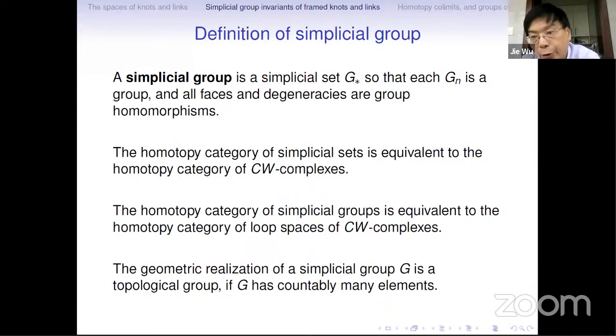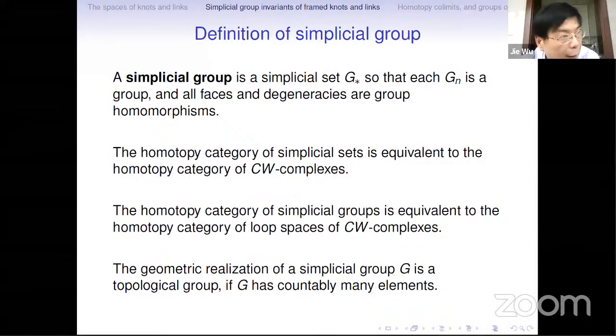Okay, so now the geometric realization of a simplicial group is actually a topological group. Here I think this is the work of Milnor, in 1957.